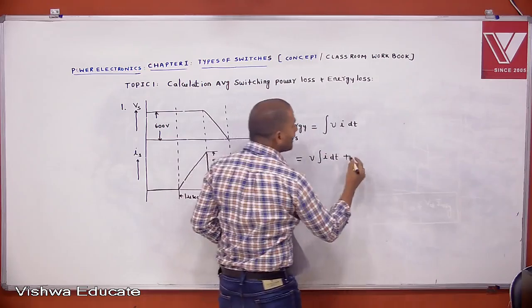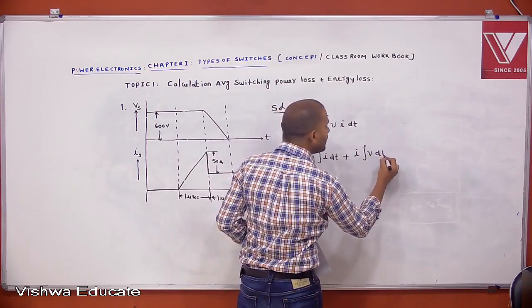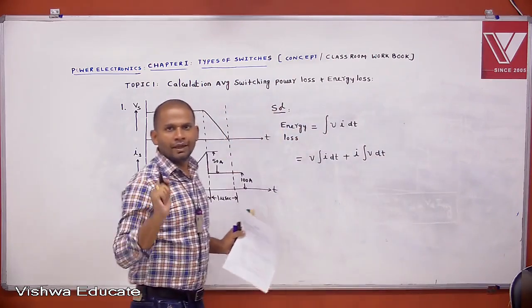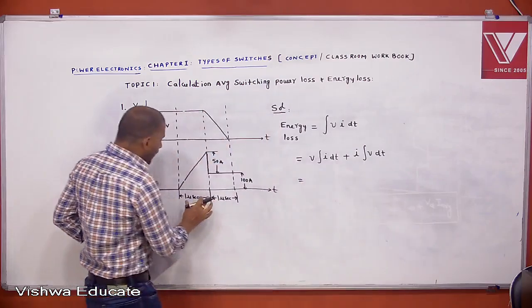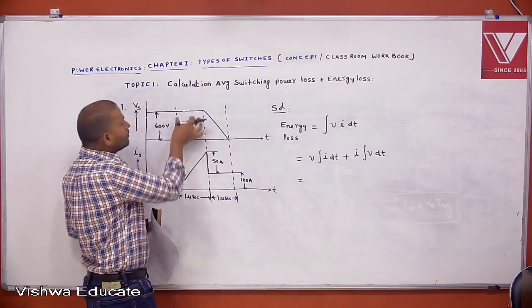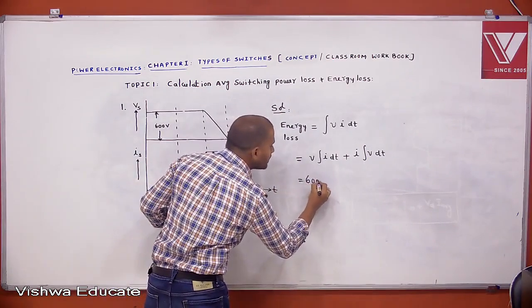Current is constant, then I into integral V dt, you write now. In this 1 microsecond of time, what is the voltage? Yes, 600 volts. 600 into.